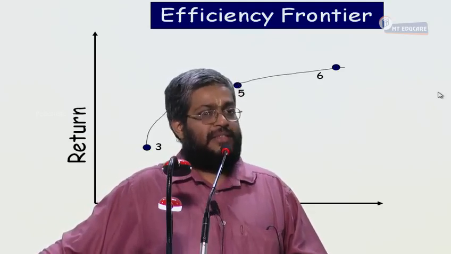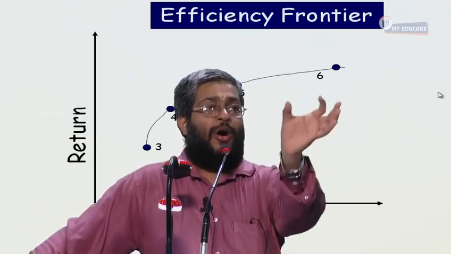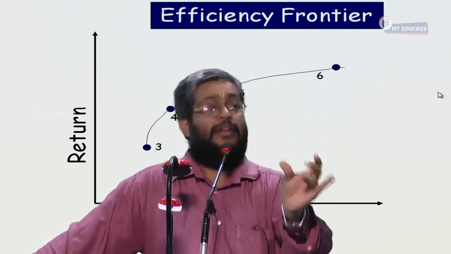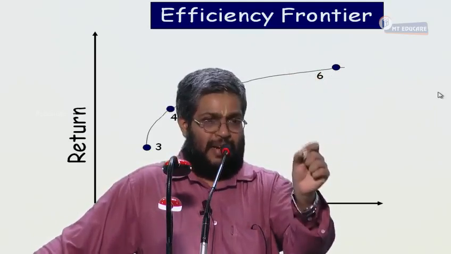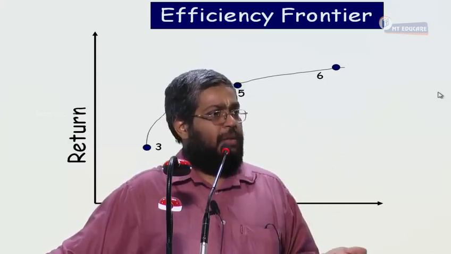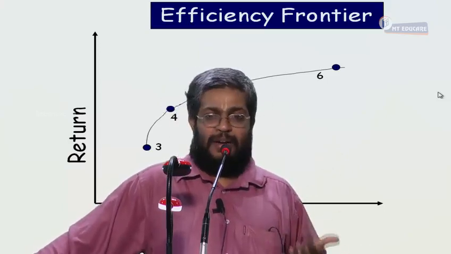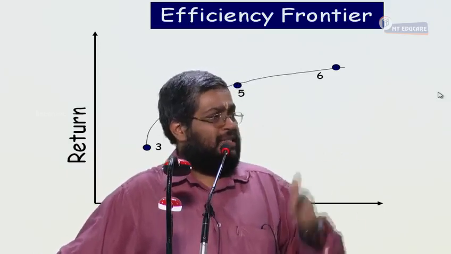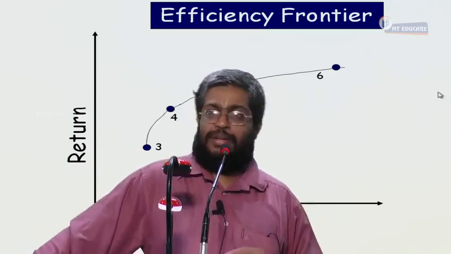A risk lover selects the second option. All this I am dictating in the first branch: a guaranteed 50 versus 100 or 0 with equal probability, both giving the same expected return, and the risk lover selects the second option.